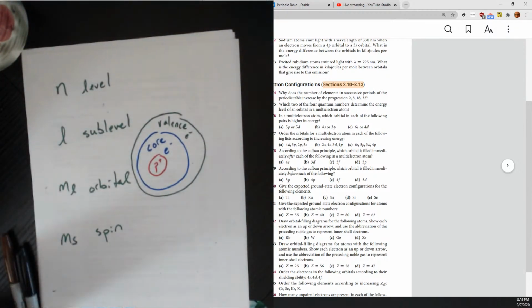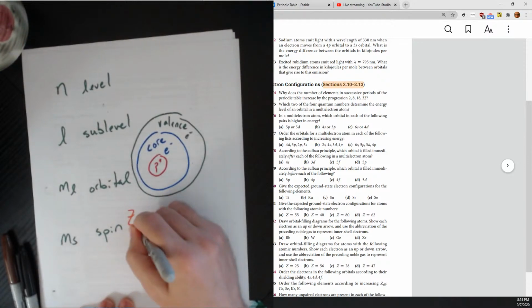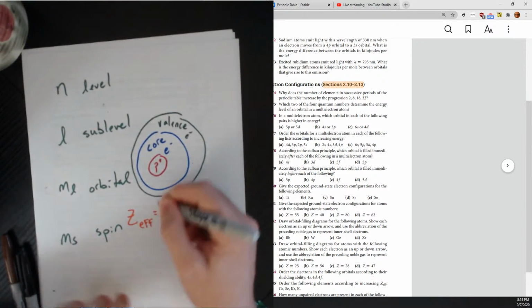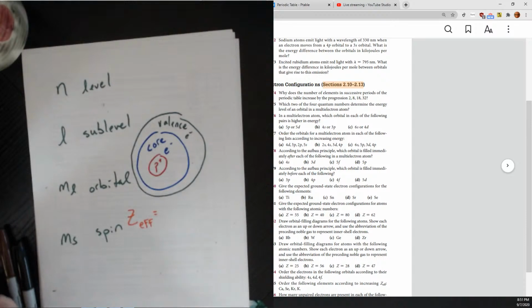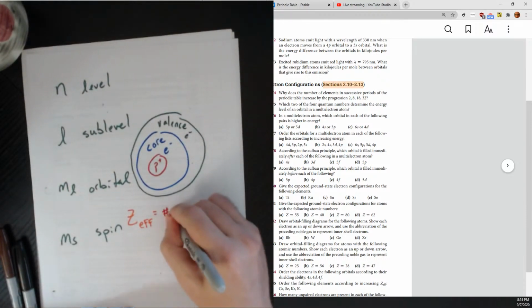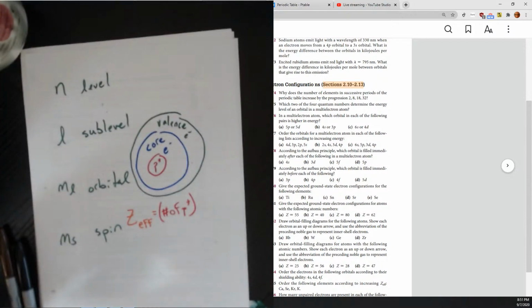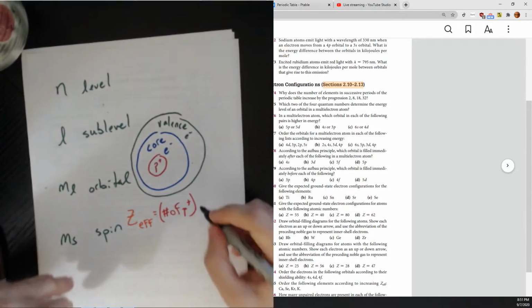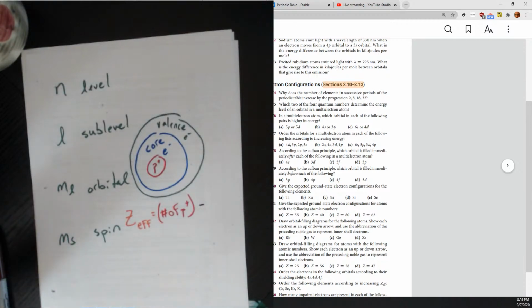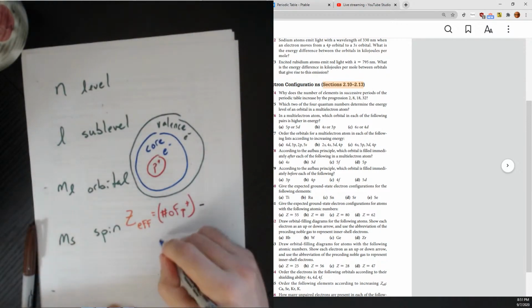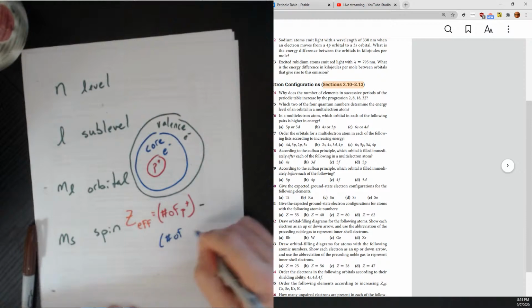So the effective nuclear charge, Z-eff, is equal to the number of protons minus the number of core electrons.